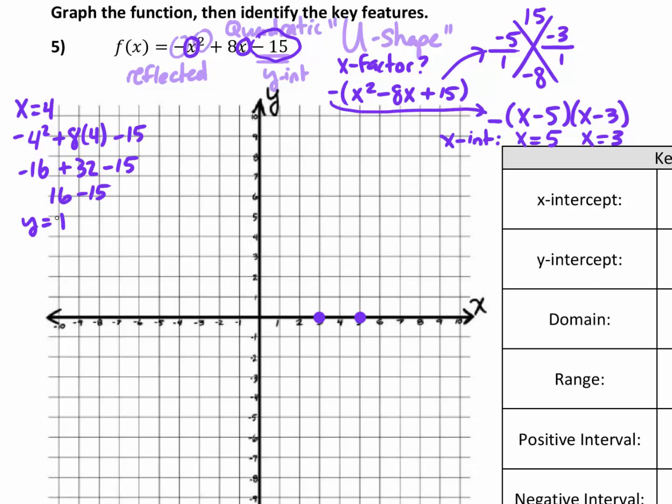4 as an x value goes with 1 as a y value. That's 4, 1. The reason we do that is to know the relationship that these points are going to have. If this vertex point was moved up a little bit, maybe it had a height or an answer of 2, well then I would know my a value is 2.